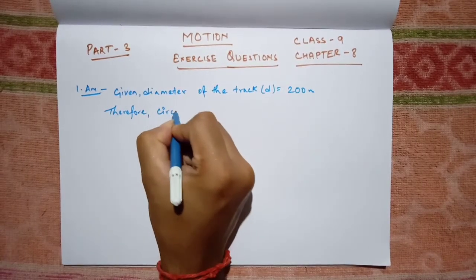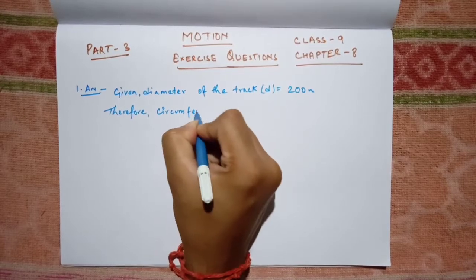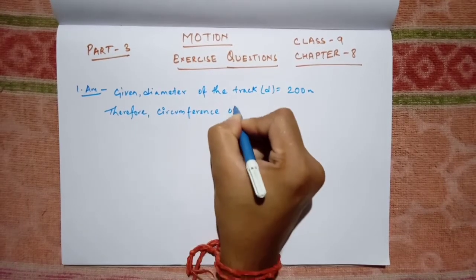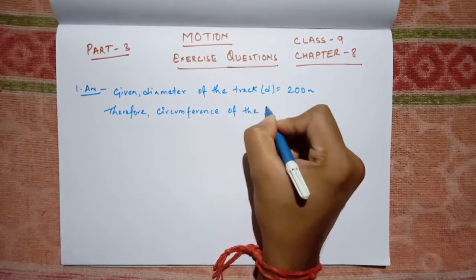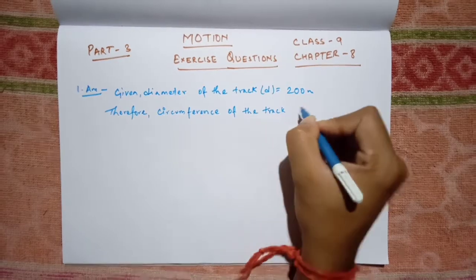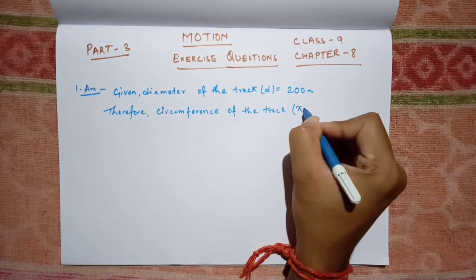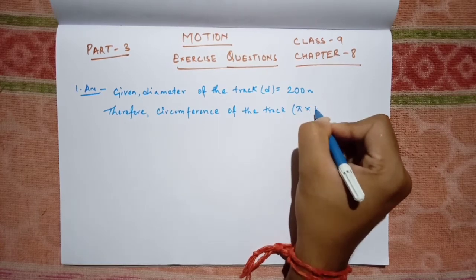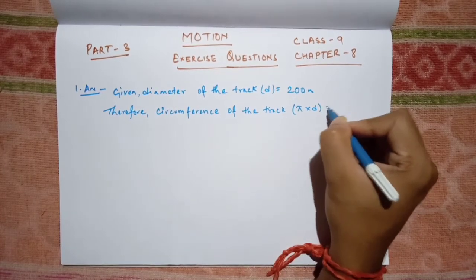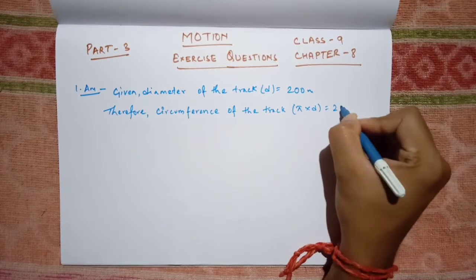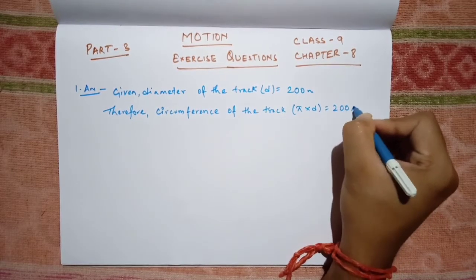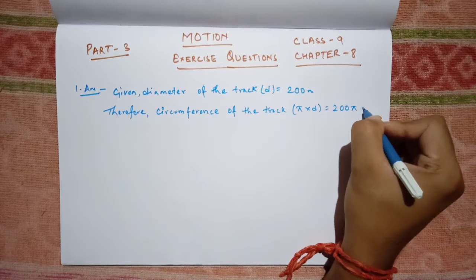So the circumference of the track, which we will get by the formula pi into d, which is pi into diameter, which will be 200 pi meters.